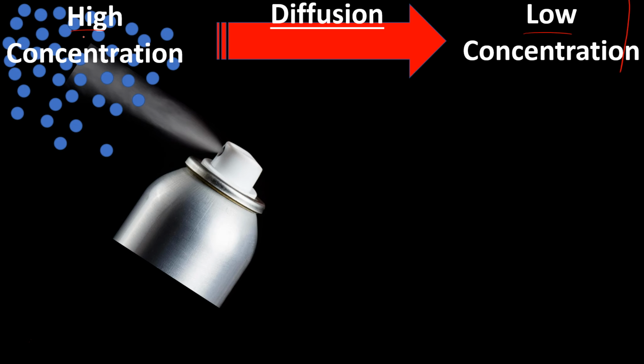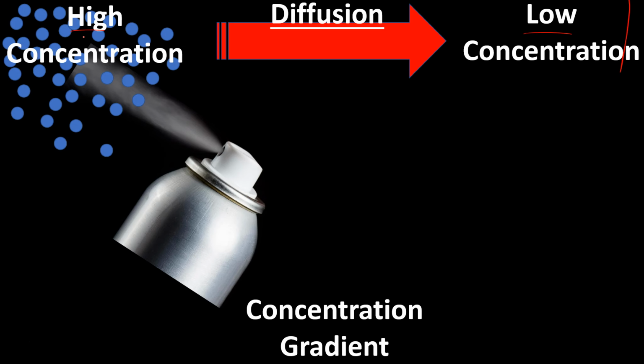If I pause right now and take a look at the classroom, I would say there's a concentration gradient. There's a high amount of Febreze here, and there's no Febreze over here. So what's going to happen? All of these molecules are going to diffuse from high to low concentration.